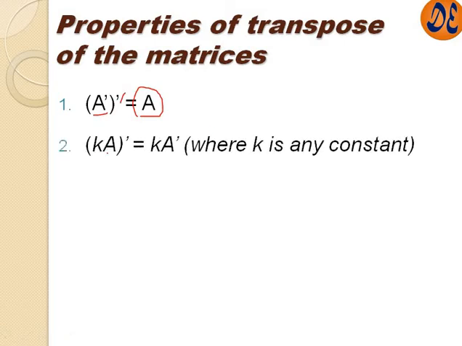Next, if we multiply a scalar by a matrix and then transpose it, it is the same as we multiply the scalar by transpose of that particular matrix. The third, if we add two matrices and transpose it, it is the same as we first transpose the two matrices and then sum it.